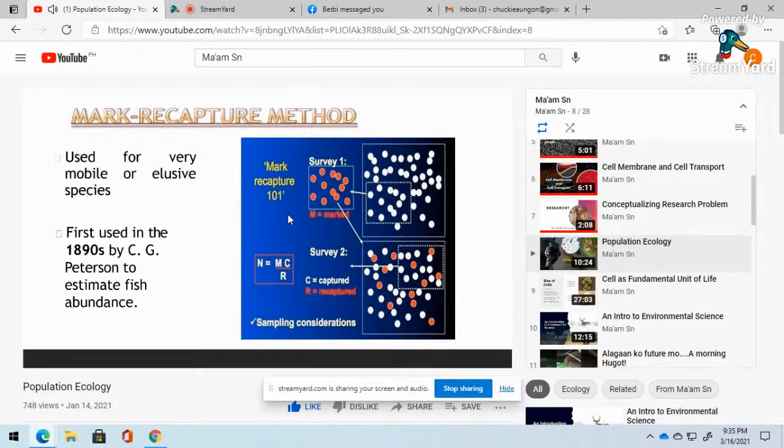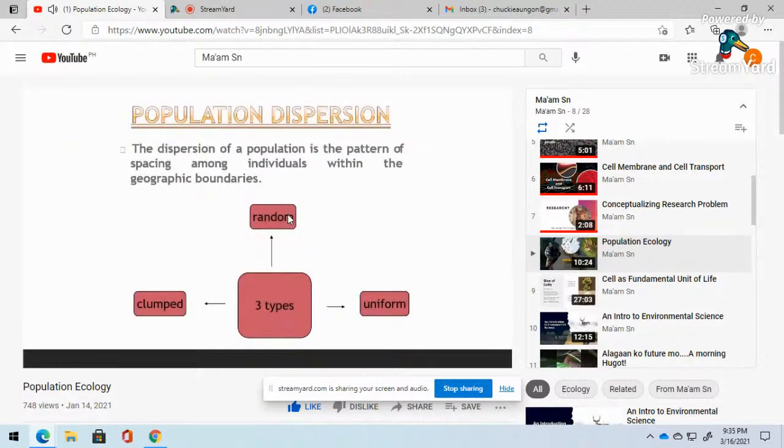The dispersion of a population is the pattern of spacing among individuals within the geographic boundaries.